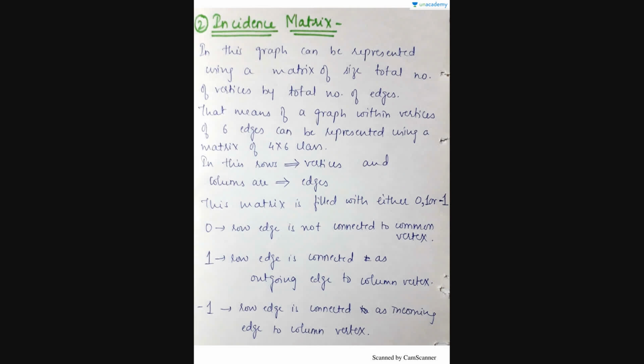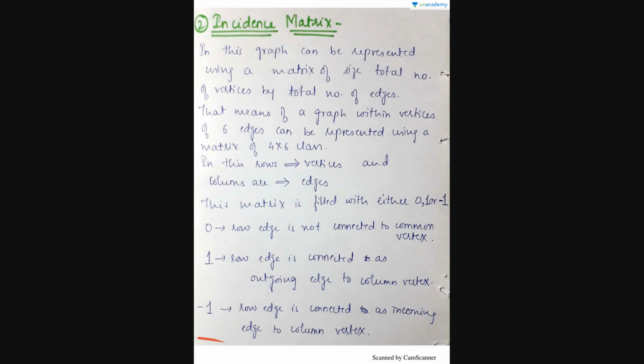This matrix is filled with either 0, 1 or -1. 0 is used when the edge is not connected to the vertex. 1 is used when the edge is connected as an outgoing edge from the vertex. And -1 is used when the edge is connected as an incoming edge to the vertex.